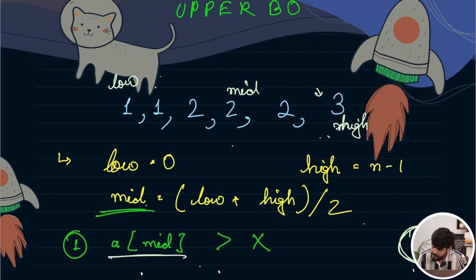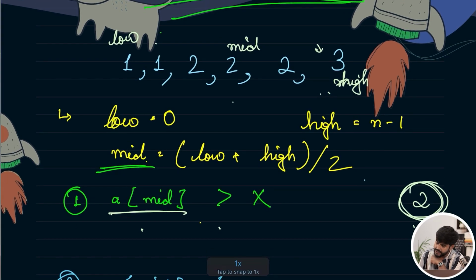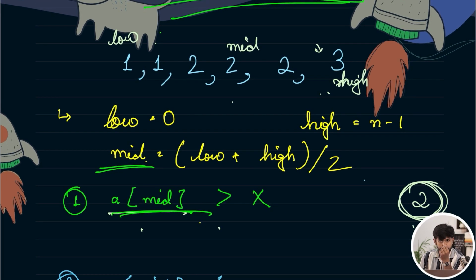What was upper bound? Just one element greater. So if we found a greater element, it should be just one element greater. It might be the scenario that the array is 6, 7, 8, and we are at 8. So just one greater element would lie on the left hand side.